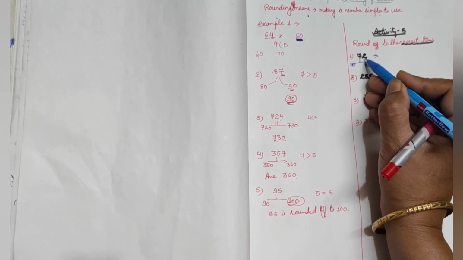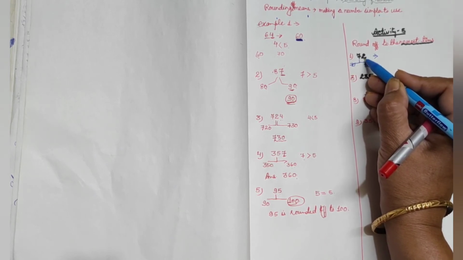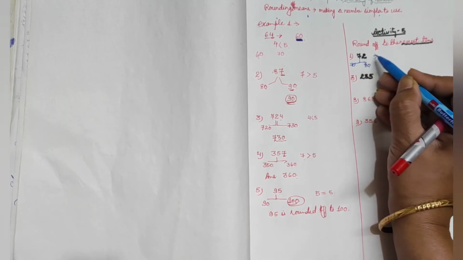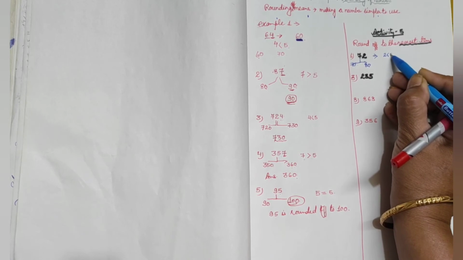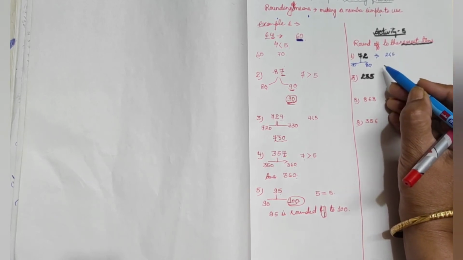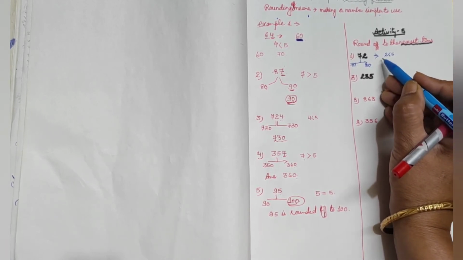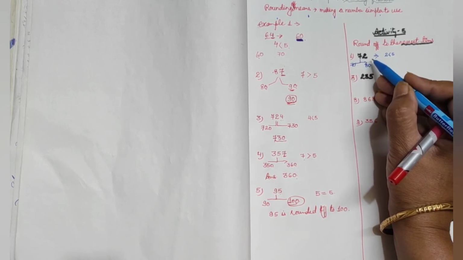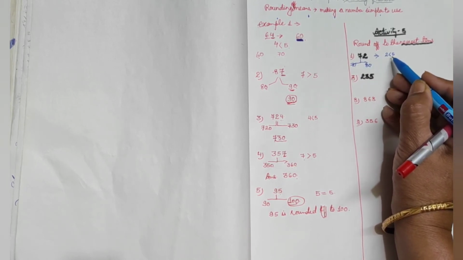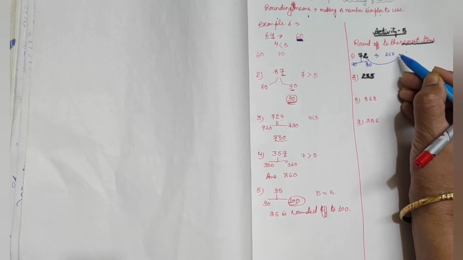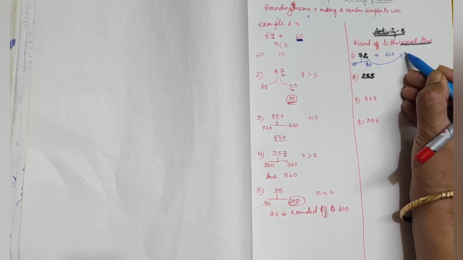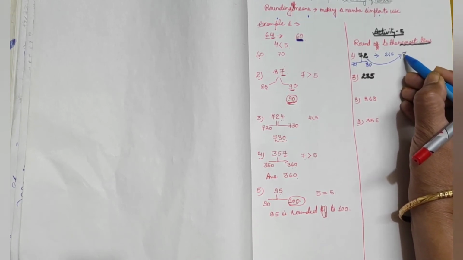Here we check the ones place digit. Ones place digit is 2, which is less than 5. And according to the rule, if the digit at the ones place is less than 5, we round off to the lower number. So 72 is rounded off to 70.